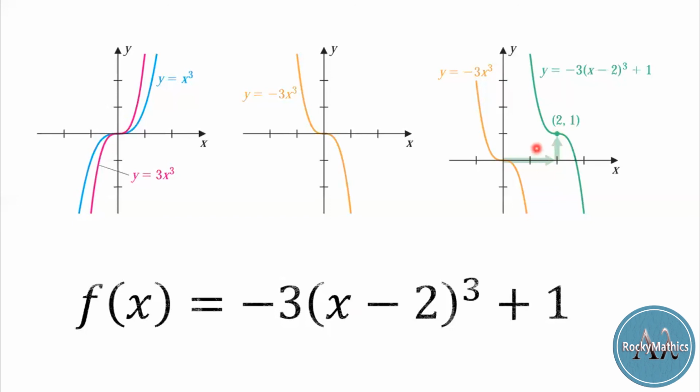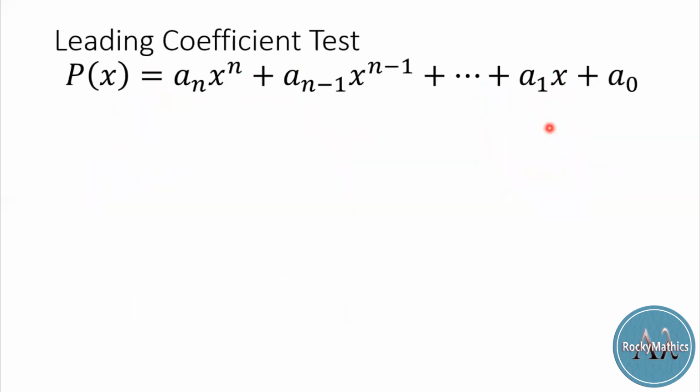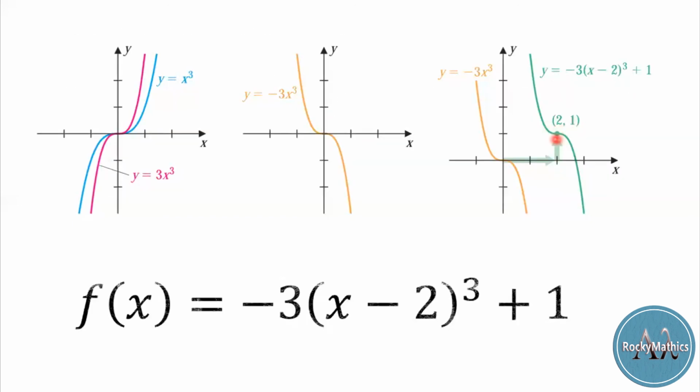Then all the y values shift 1 unit upward. So this is now the final graph of the given function y is equal to -3 times quantity x minus 2 cubed plus 1. So that is how we use transformation to sketch the graph of the given function.